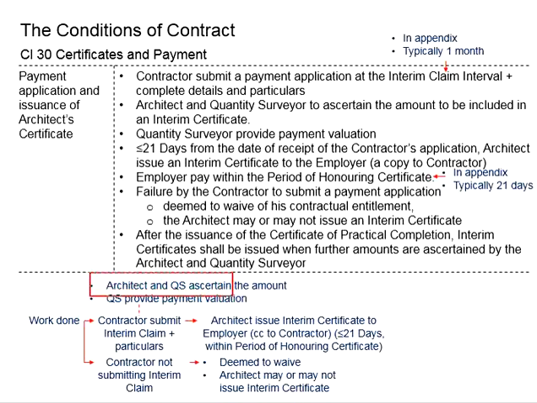This is when the architect and quantity surveyor start ascertaining the amount, and the quantity surveyor will need to provide payment valuations.